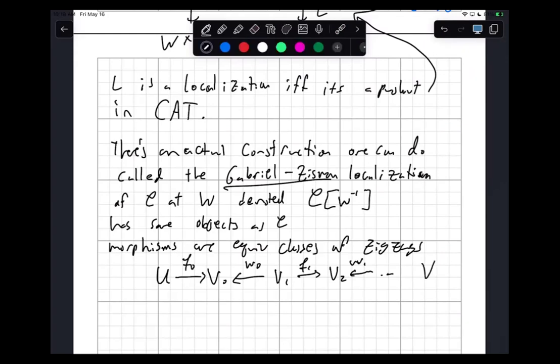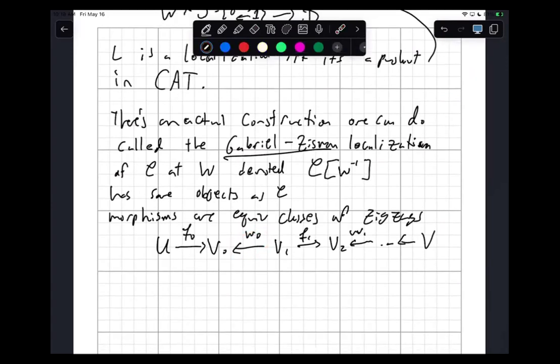Okay, so you have zigzags where you're only allowed to go in the backwards direction if you're in W, and you take a certain kind of equivalence class on these. And that constructs you a category. And it turns out this is all well defined. So it's Gabriel-Zisman, 67, lemma 1.2.